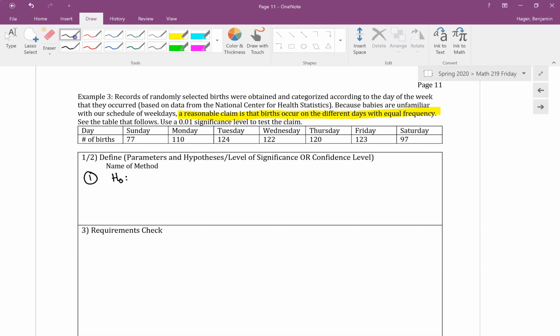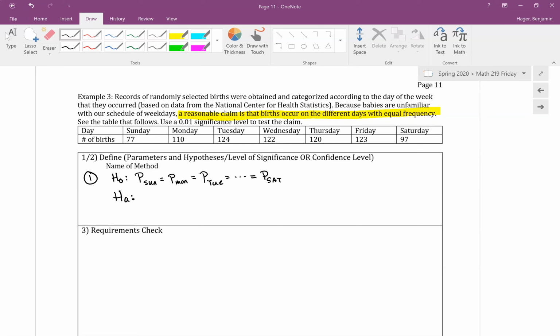In other words, the proportion of births on Sunday should be the same as the proportion of births on Monday, which should be the same as the proportion of births that happen on Tuesday, and all the way down to Saturday. They should see the same proportion of births, whatever that would be. The alternative is that at least one of those is wrong. At least one of the proportions is different.